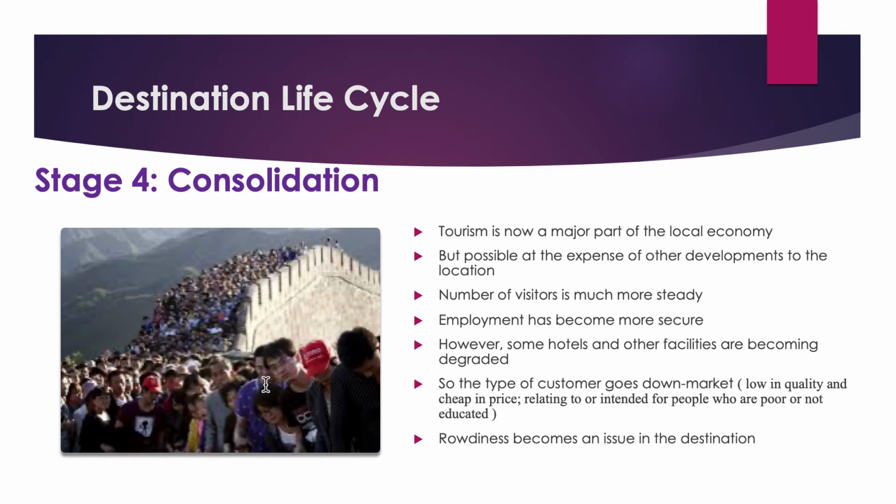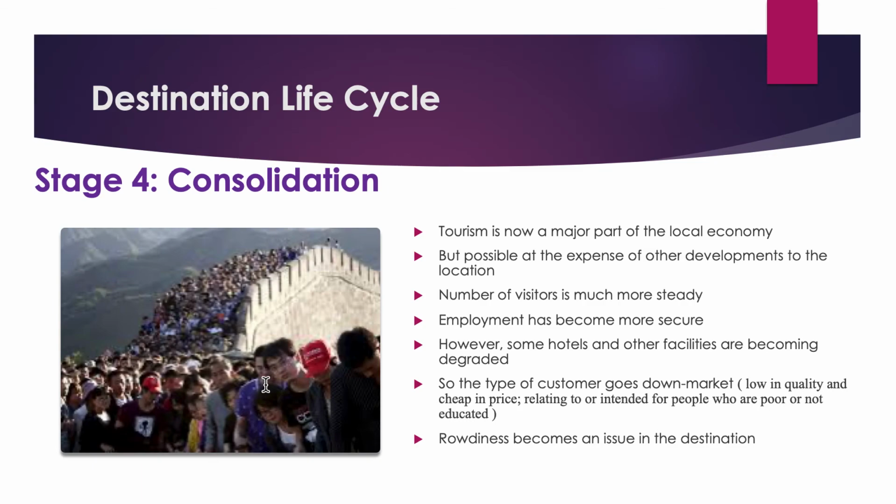Tourism is now the major part of the local economy, but possibly at the expense of other developments to the location, all right? So tourism business will push for further expansion of the attraction. However, some local people, particularly those who are not involved in tourism development, will be unhappy and oppose tourism activity due to its impact on the social cultural environment.